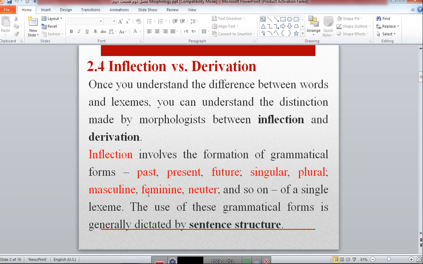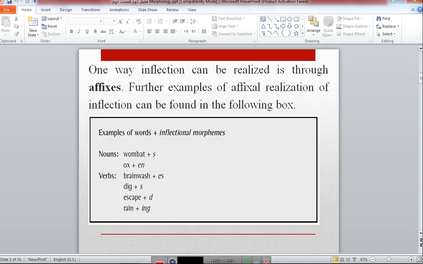As you can tell from the example of select given above, one way inflection can be realized is through affixes. A further example of affixal realization of inflection can be found in the following box. Look at this box, examples of words with inflectional morphemes.